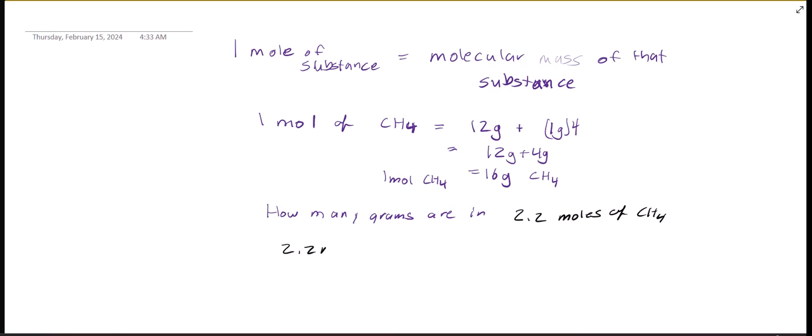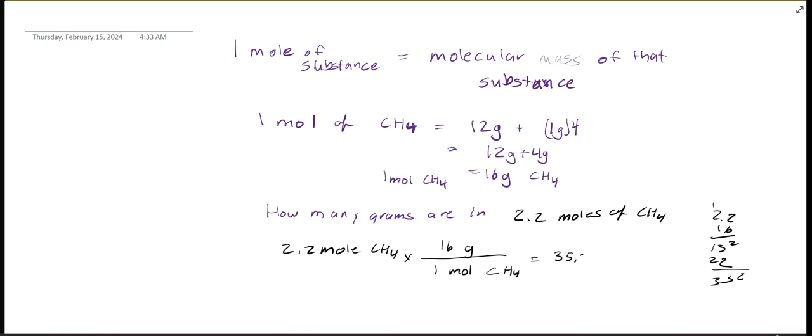So I start with 2.2 moles of CH4, and I'm trying to get to grams, so I'll put 1 mole on bottom. And remember, it's always going to be 1 mole when you're doing this kind of conversion. And on top, 16 grams, and then 35.2 grams CH4. Okay, so that is converting from moles to grams.